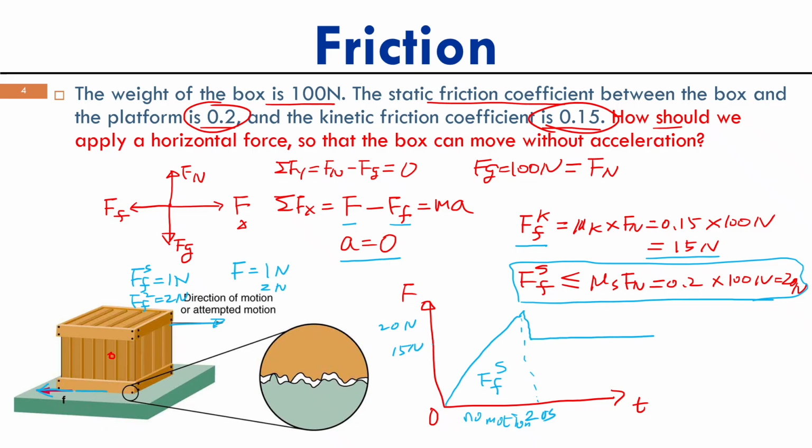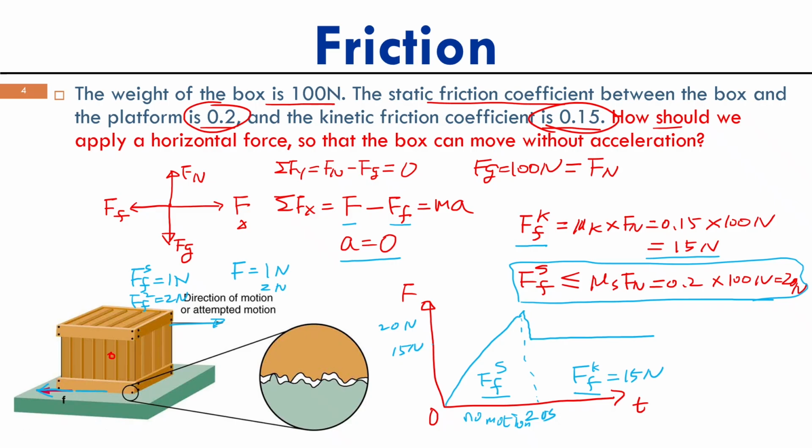In that case, my acceleration is 0. My box can move without any acceleration, in other words, constant velocity. During this regime I'm going to have kinetic friction, and the friction force is 15 Newton. So this example very well demonstrates the difference between the static friction force and the kinetic friction force.